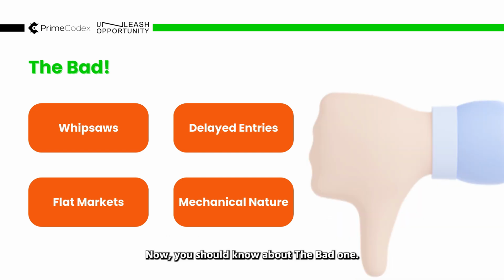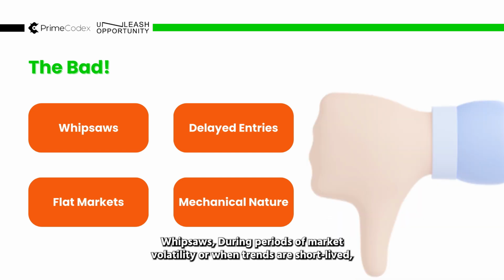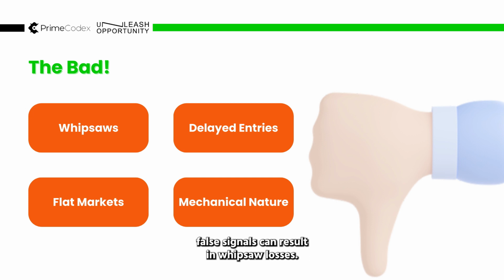Now, we should know about the bad ones. Whipsaws. During periods of market volatility or when the trends are short-lived, false signals can result in whipsaw losses. Delayed entries. Trend following strategies may result in entering trades after the initial trend movement has already occurred, potentially missing some profits.